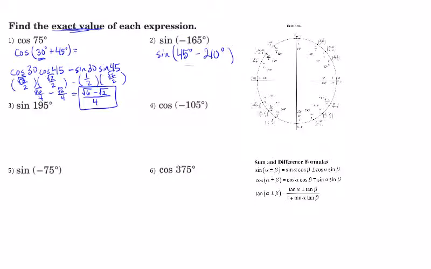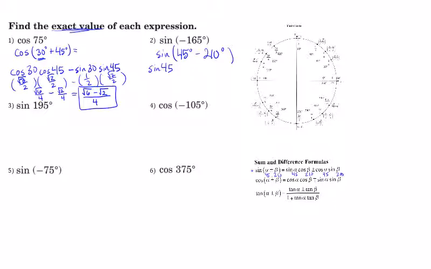And so I'll just state it this way. That way I can use our sum formula, right? In this case, actually our difference formula. So I'm going to say sine of alpha, so that's 45. Okay, so I'm putting 45 in here for alpha. And then I'll put 210 in for beta.